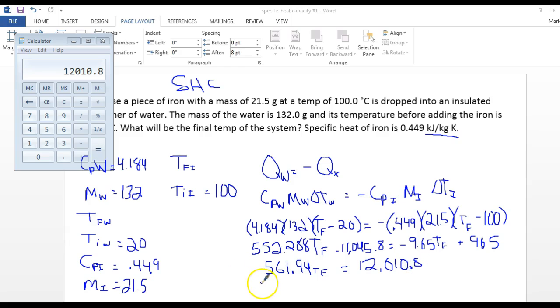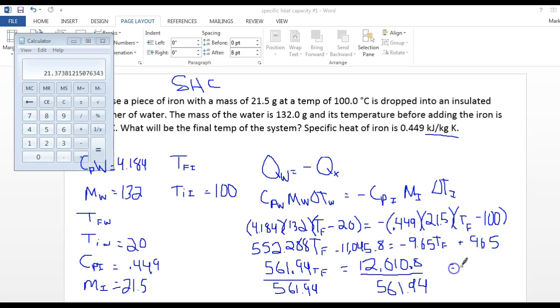And then we just divide by the 561.94, and we will get 21.4. So there's not much change, as you can see.